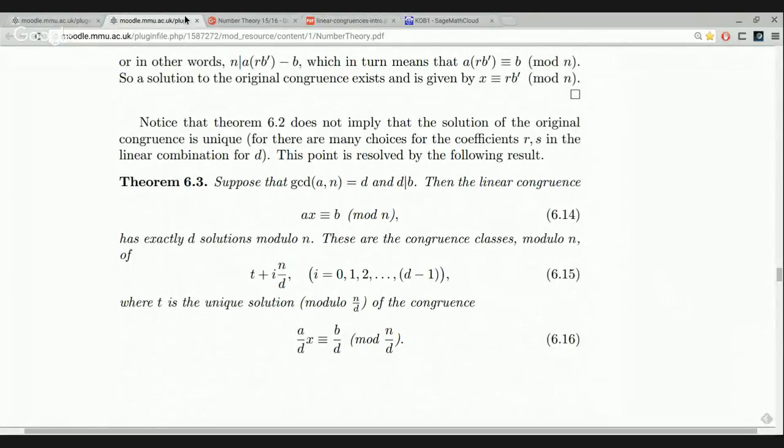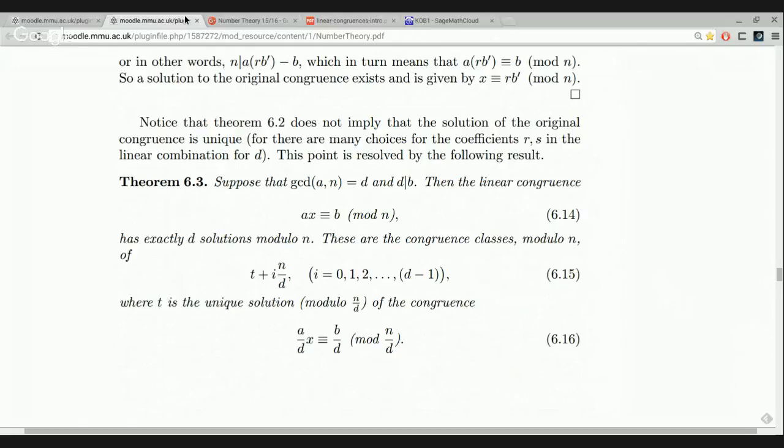Okay, let's go. Here's our general linear congruence, ax congruent to b modulo n. We're assuming that solutions exist. From the previous result, that means we're assuming that whatever the greatest common divisor of a and n is, it divides the constant term b.